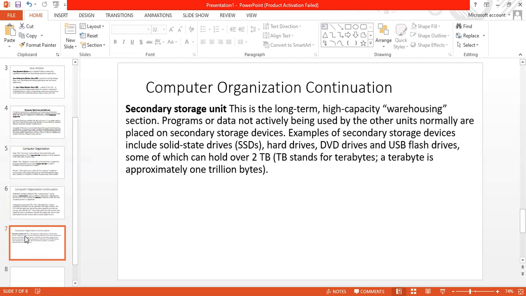Examples are the solid state drive, the SSD, the HDD, the DVD drives, and the USB flash drives. These are examples of the secondary storage unit.